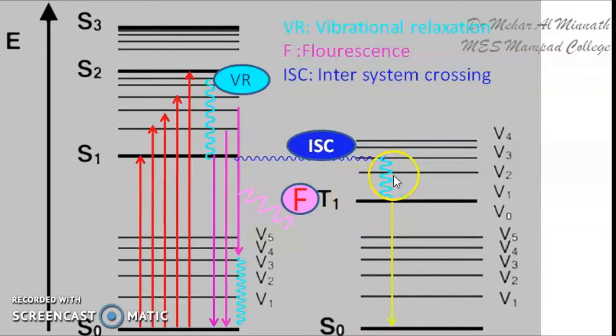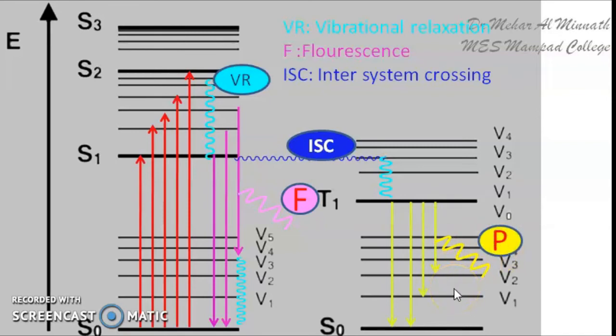When the electrons from the triplet state come down to the ground state, there will be emission of radiation, and that particular process is called phosphorescence.